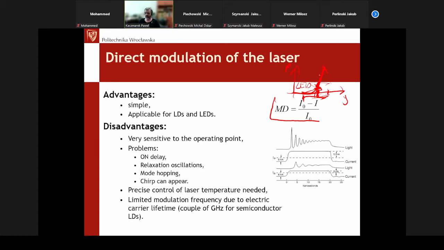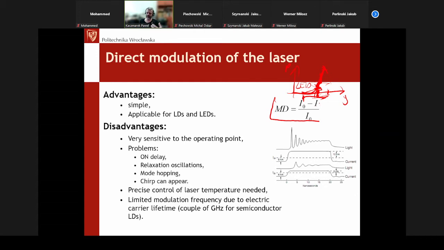So operation well above the threshold current will give us a zero that is not exactly zero, and it will be much more difficult to detect later on, to distinguish between zeros and ones. So it is important regarding the transmission of the data to have the so-called extinction ratio as high as possible.